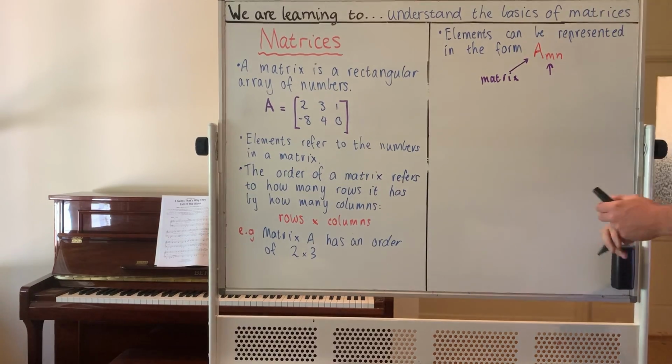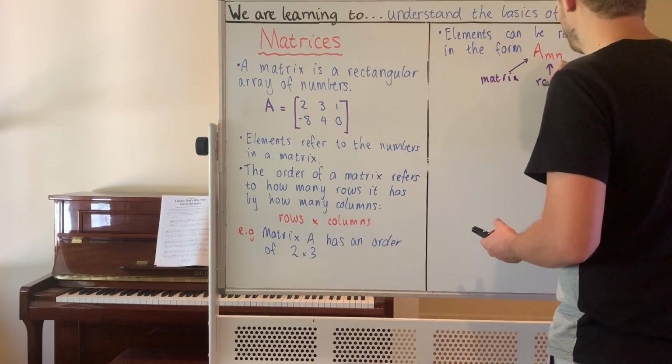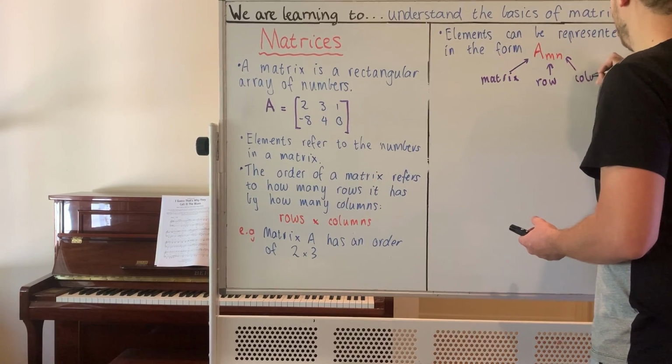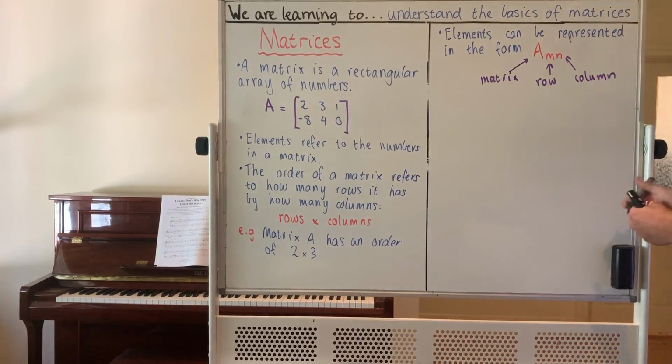M, I'm just using to represent the number of rows, or the row number, I should say. And N represents the column number.